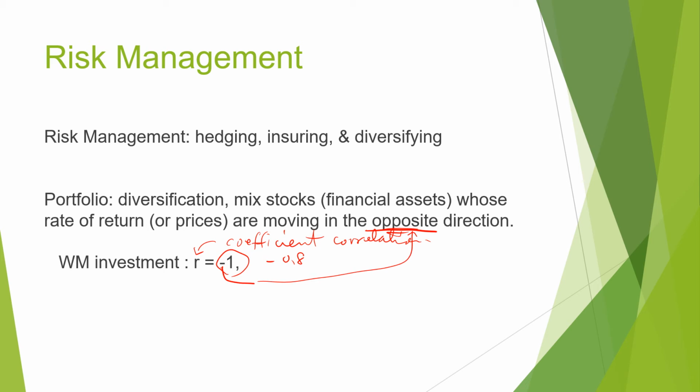Okay, such as graphically, let's say the market price, stock A. When stock A price goes up, stock B's price can go down. When stock A's price goes down, again, stock B tends to go up, opposite direction like this.